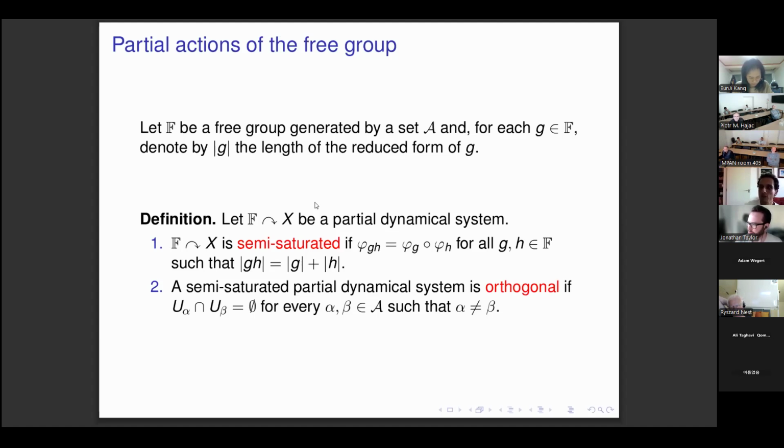So if you have two paths starting with different edges, they're going to be in different domains, so they're going to be orthogonal, because the edges are mutually disjoint. So it's the space of paths. For the generators U alpha, in the case of paths, it's just the paths starting with alpha, where alpha is an edge.